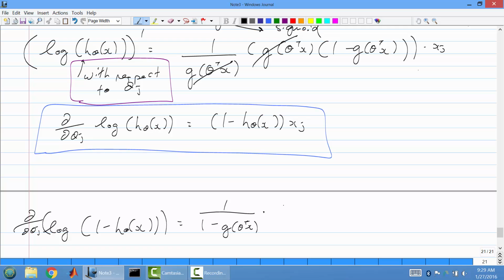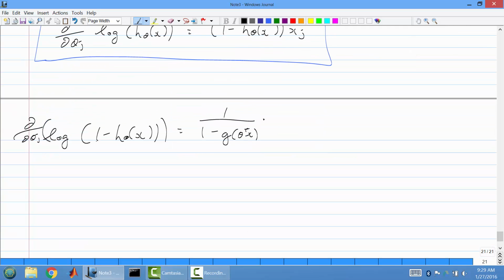When you differentiate the inside, the 1 goes away, and there's still a minus. You have minus, and then the derivative of this is g times 1 minus g. Then multiply this again by the derivative of the inside, which in this case is still x of j. Then this guy cancels with this guy, and you're left with this.